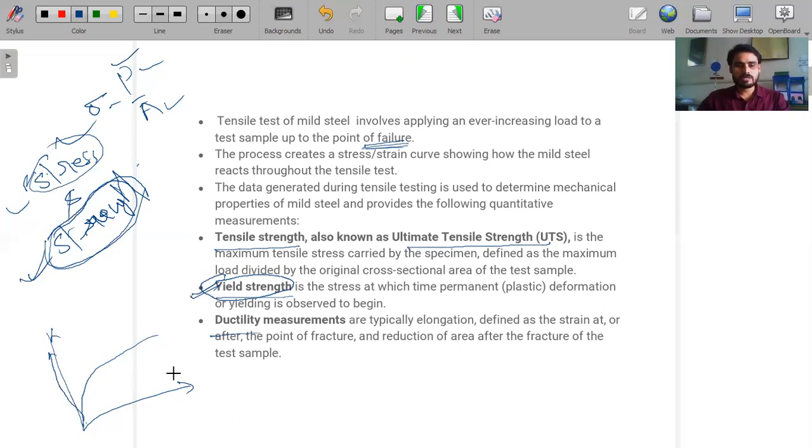So with the help of the stress strain profile, we can identify whether the material is brittle or ductile. Much more properties we can get from the stress strain profile, like toughness, hardness, modulus of toughness, modulus of resilience, anything we can calculate.